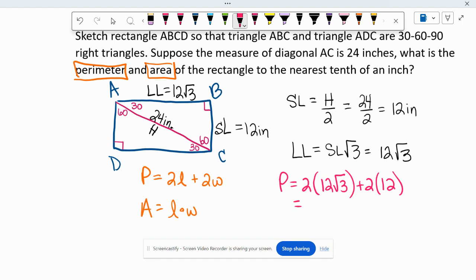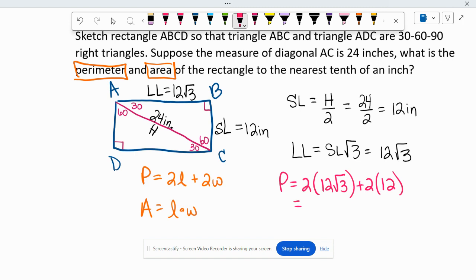What did you get for your perimeter? I wanted perimeter. I think you gave me area, but I might be wrong. 2 times 12 times square root of 3 plus 2 times 12. Maybe I did it wrong.